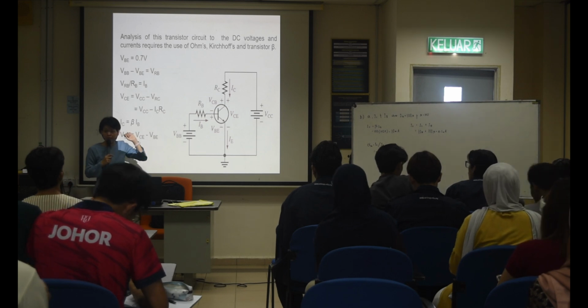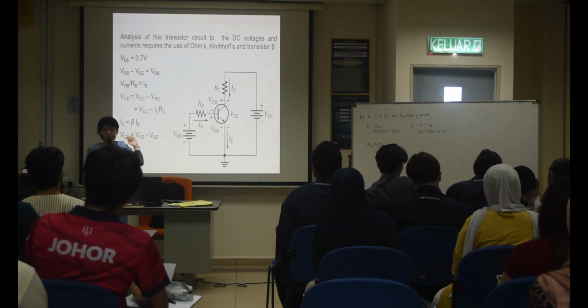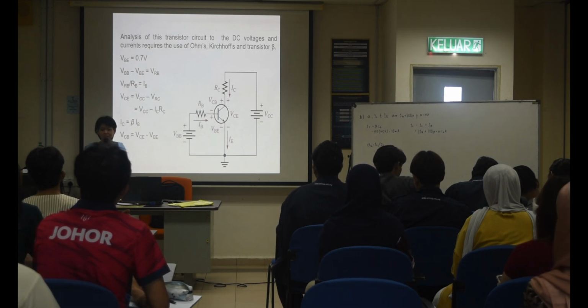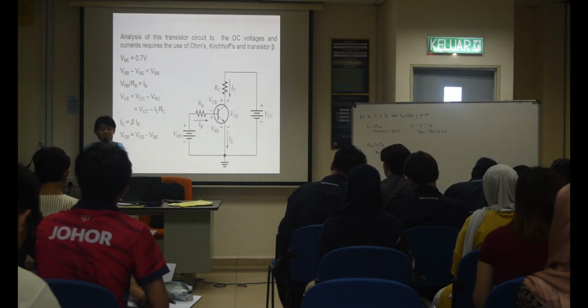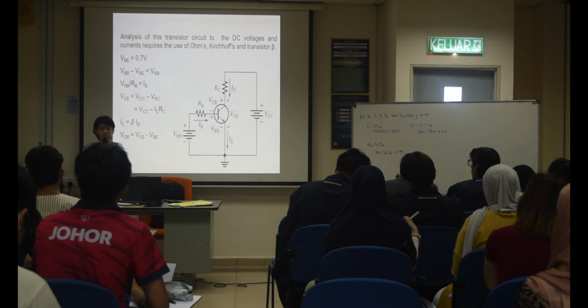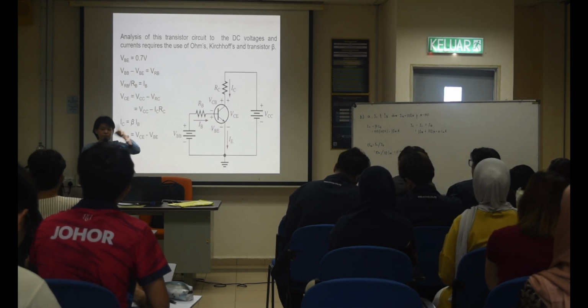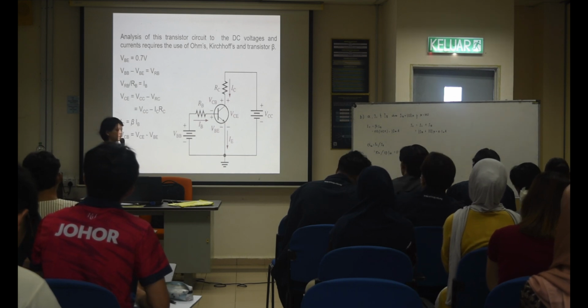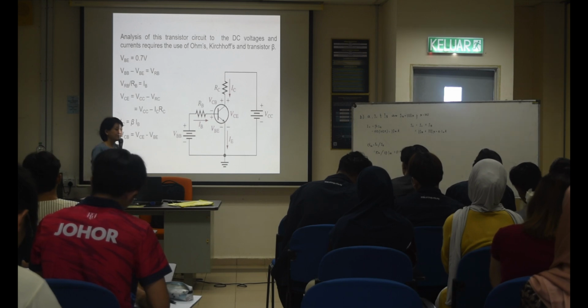You remember Ohm's law, V equals IR. Kirchhoff's law is what? Kirchhoff's voltage law or current law? Kirchhoff's voltage law is that around the whole circuit you add up to 0. That one is voltage law. Current law? You don't remember?